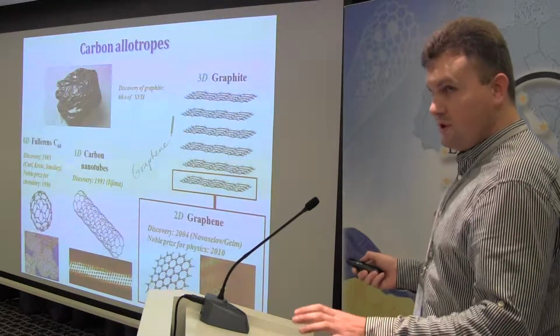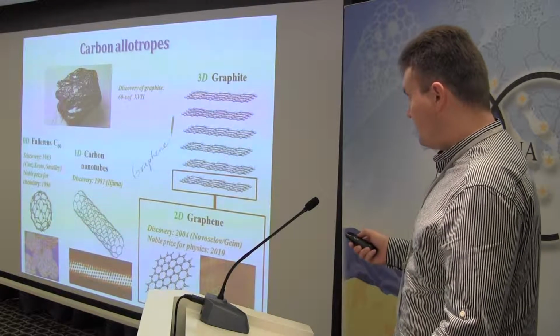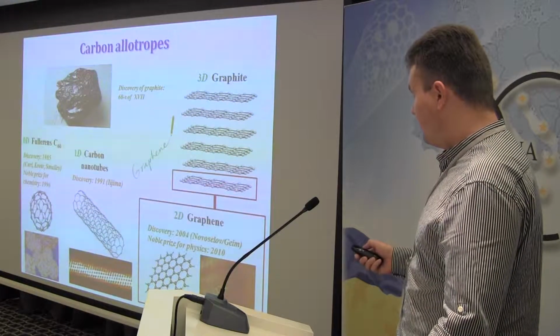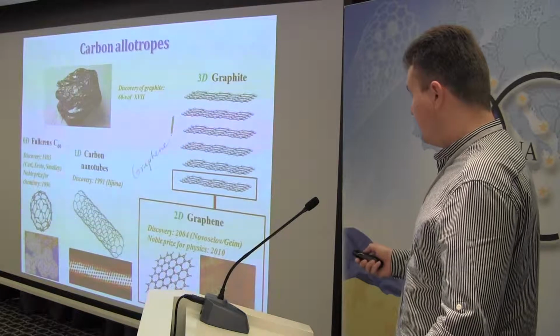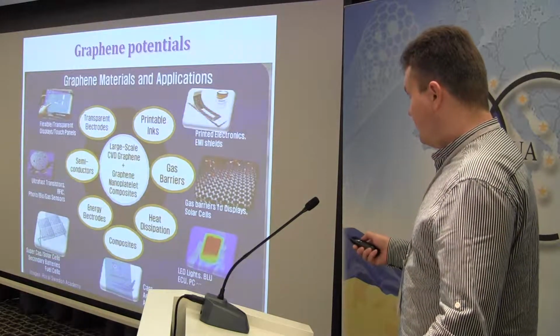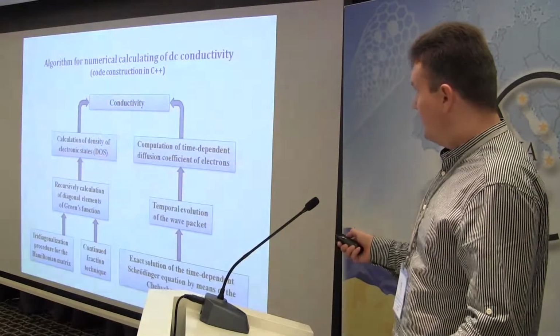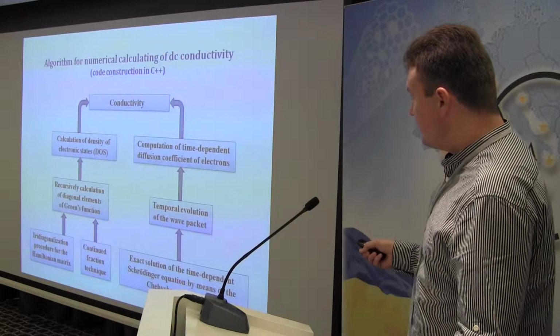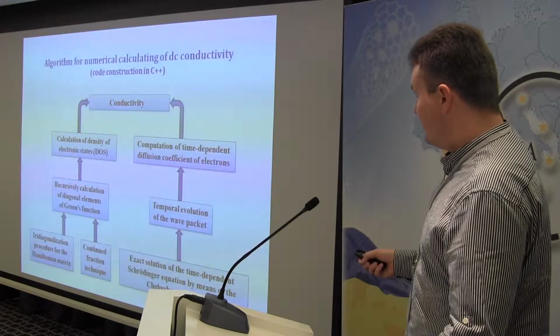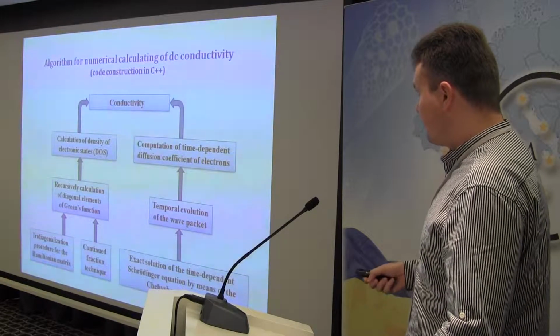To save time, I will skip some pictures, especially because some information is very well known to you, for example, about carbon allotropes and about graphene potentials. And I also will skip some mathematics because this work is theoretical, and our purpose was to calculate conductivity of graphene.